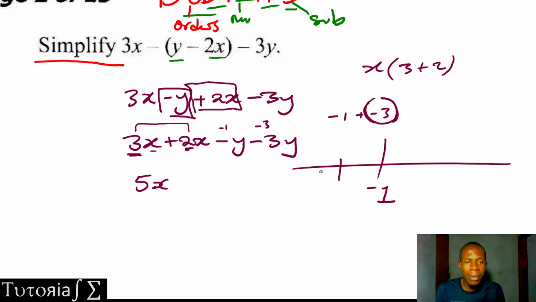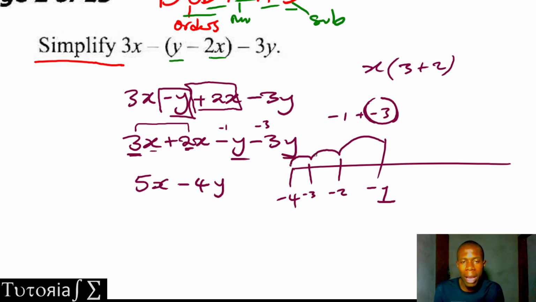So from negative 1 to go to the negative 3 times, you go 1, 2, 3. So it will be, this is negative 1, negative 2, negative 3, and you'll be at negative 4. So that is what this is. So this would be minus 4, then the variable there, y.